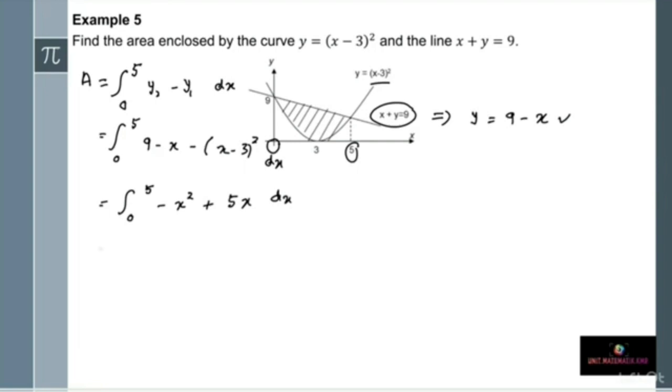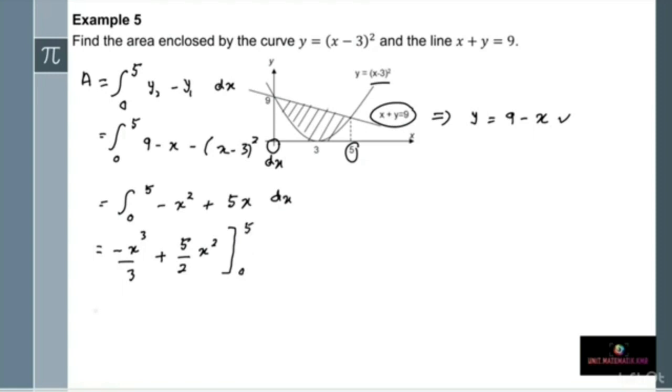Next, I'm going to integrate this. We have negative x cubed over 3 plus 5 over 2 x squared, with limits 0 to 5.